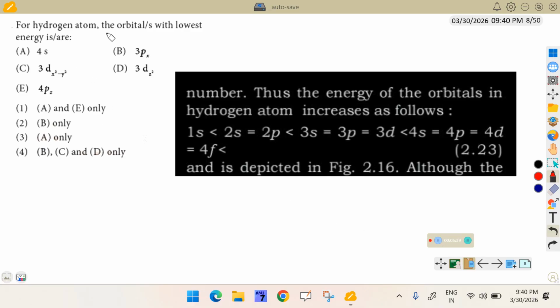For a hydrogen atom, the orbital with the lowest energy is... The question is very clear. For a hydrogen atom, the energy of an orbital depends on the n value only. For multi-electron atoms, the energy depends upon the n and l values.